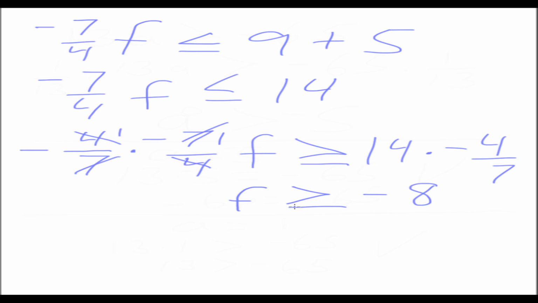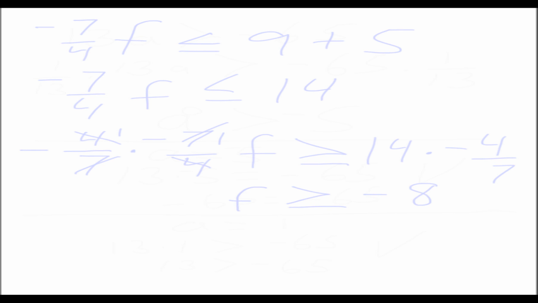So let's go ahead and we'll check this. If f is greater than or equal to -8, I want to know if f is... here we go. Okay, if f equals -8, does the original equation work out?